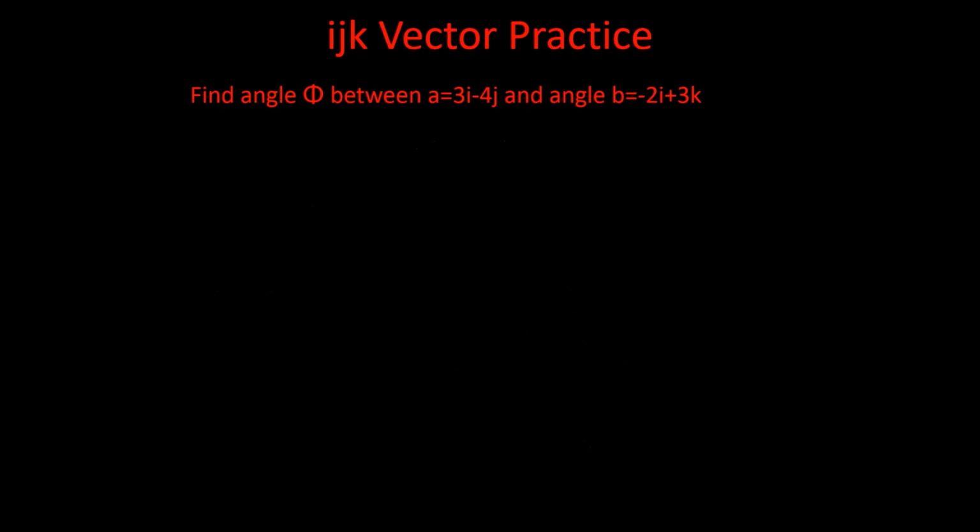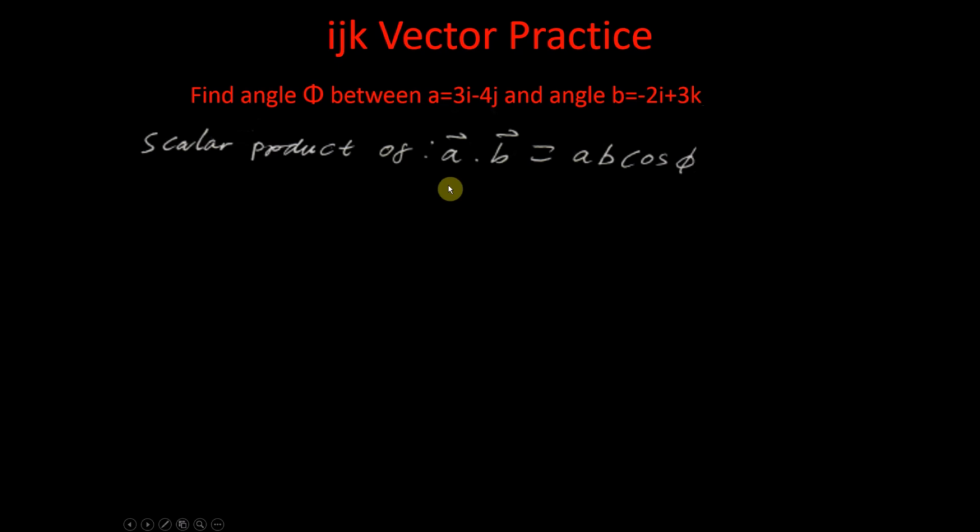But what if we want to find the angle between two vectors? So here, let's find the angle between A equals 3i minus 4j and B equals negative 2i plus 3k. So the scalar product of these is stated as A dot B, equal to AB cos phi, where phi is the angle between the two vectors.